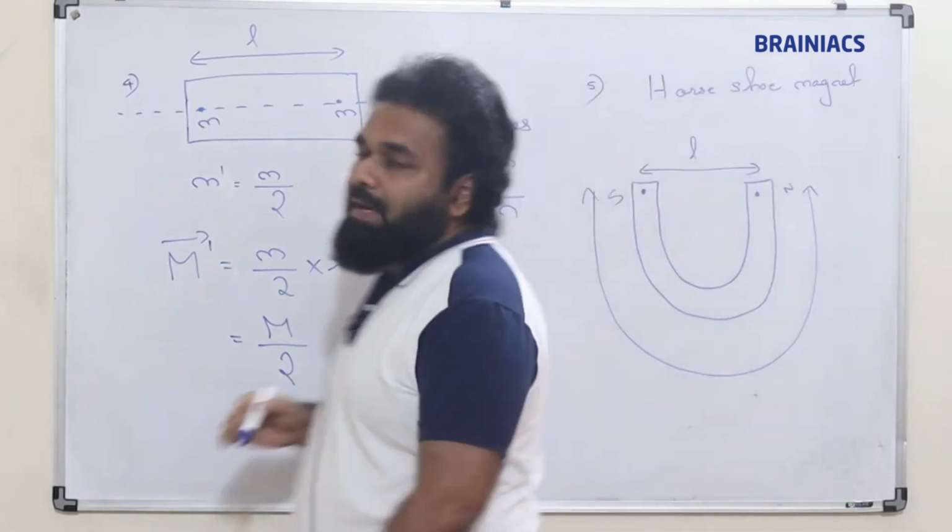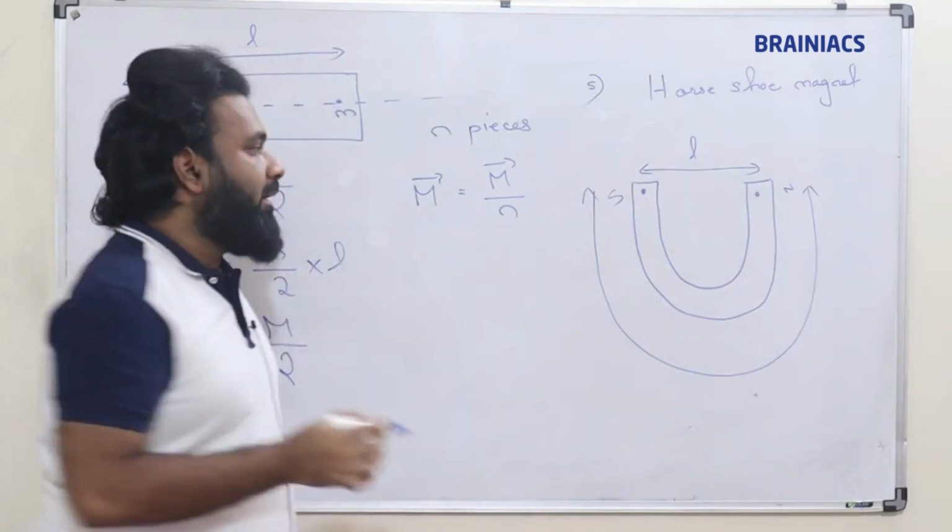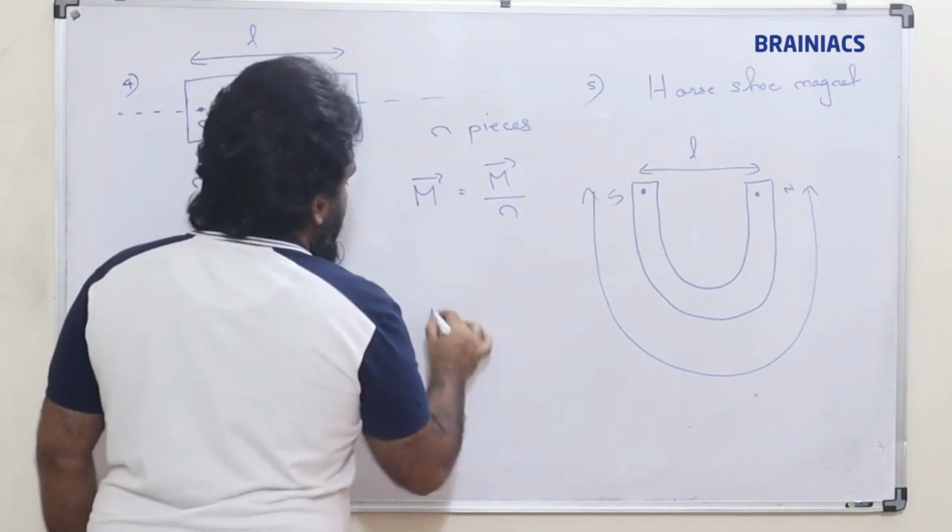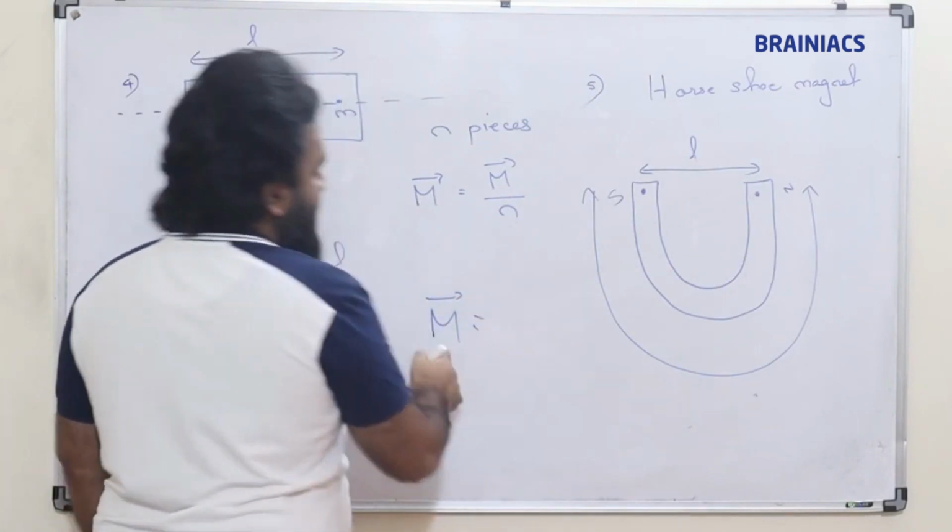Which length should be considered for magnetic dipole moment?